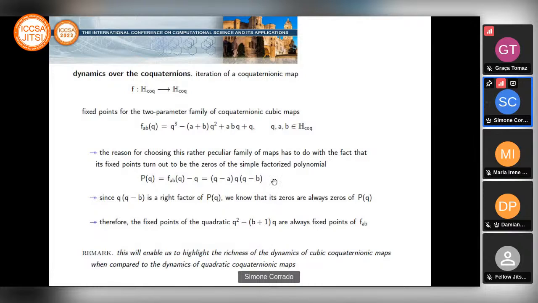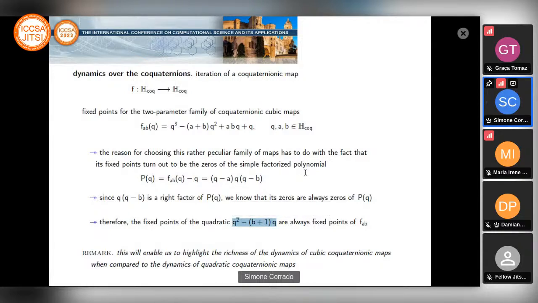Okay, why is this fantastic? Because we know that if q minus b is a right factor of the polynomial P, its zeros are always zeros of P. And look, these are therefore the fixed points of the quadratic, let's say q squared minus b plus 1 times q, and this is more or less the same family.